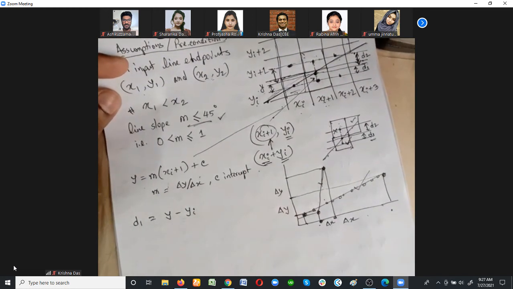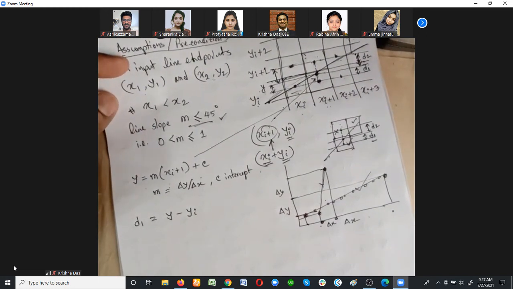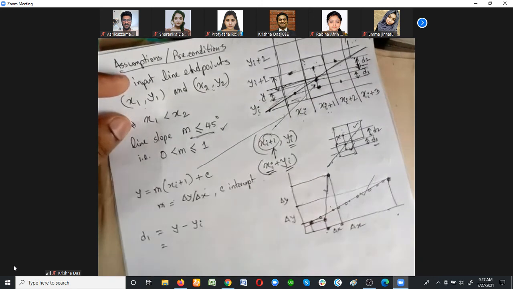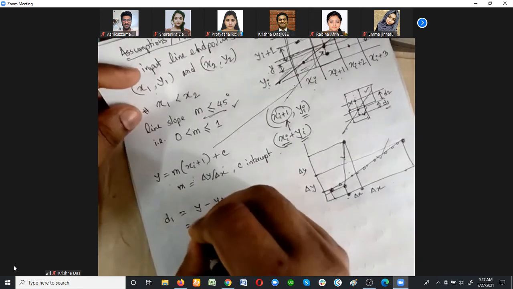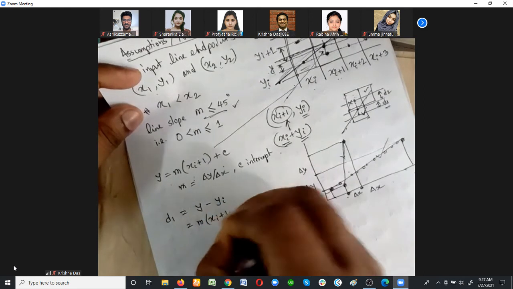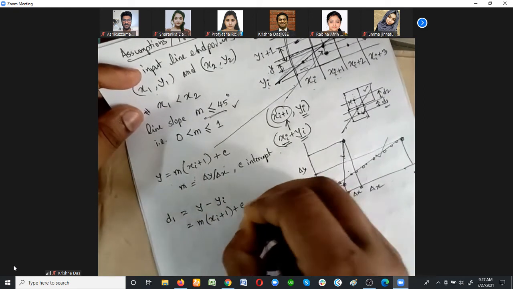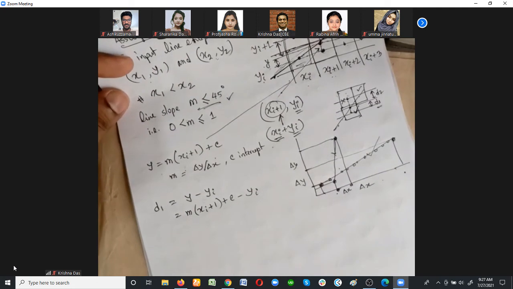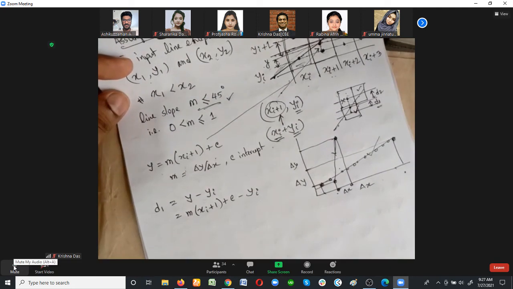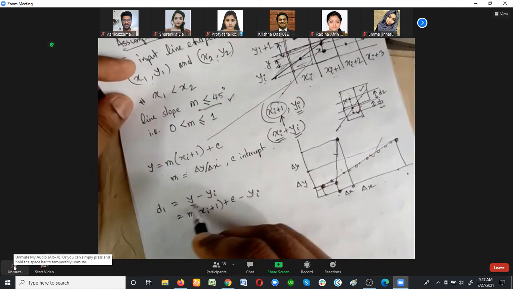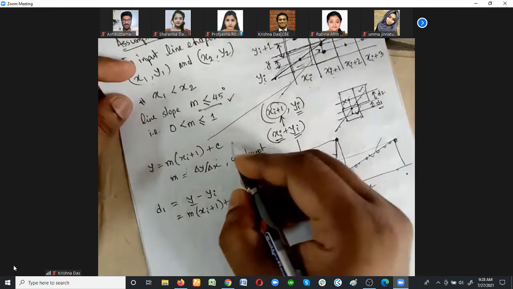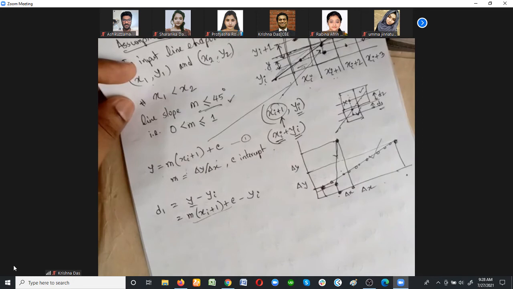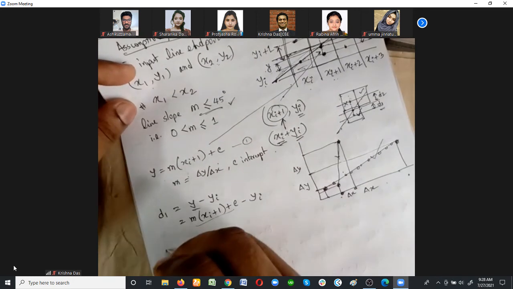What is y minus yi? y is m times xi plus 1, plus c, minus yi. I just replaced y with this equation, nothing else. Now what about d2 then?